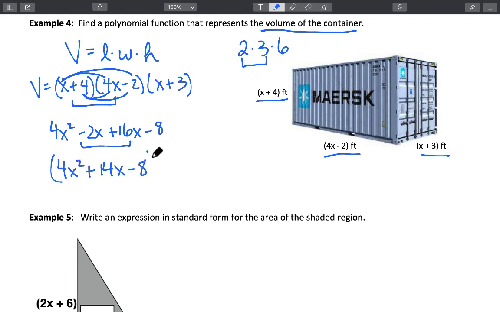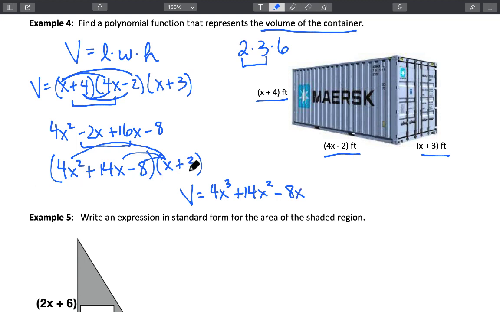Now I can take this polynomial and multiply it to my last one, which was x plus 3. All right, so once again, we'll use the distributive property to get that volume, and we're going to do x times all three of those terms, which gives us 4x cubed plus 14x squared minus 8x.